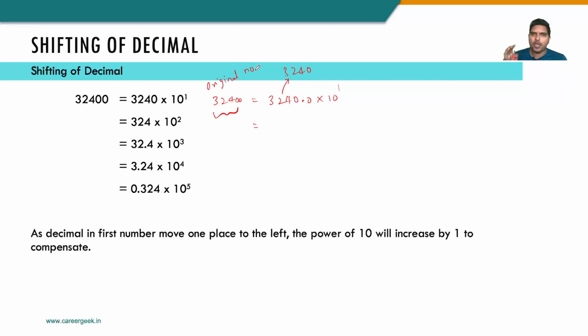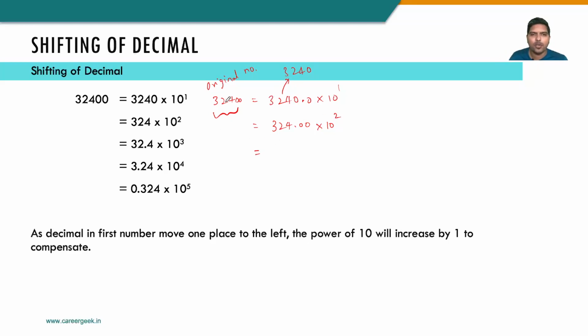So what are we doing? We are introducing decimals to that number and compensating it by the 10 powers. Now if I want to introduce decimal after 2 places to the left, so I'll need to compensate by 10 power 2. Okay, because 10 power 2 will introduce 2 decimals to the right, or will add 2 zeros, right?